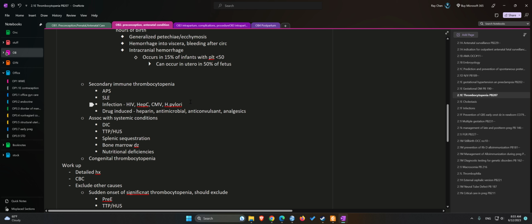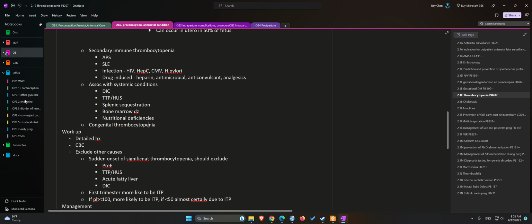Other causes can be associated with systemic conditions such as DIC, TTP, HUS, splenic sequestration, bone marrow disease, nutrition deficiency. There could be congenital thrombocytopenia.